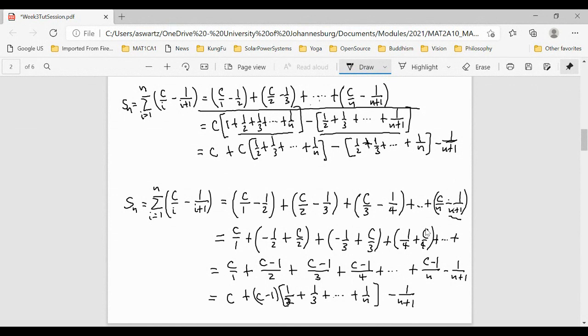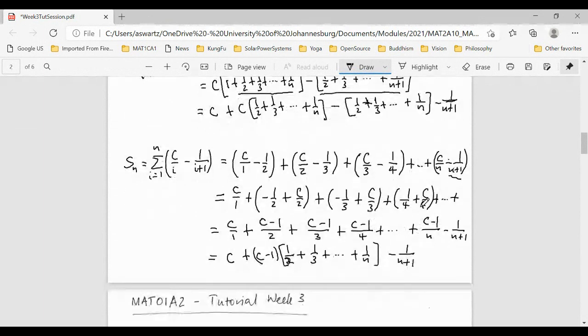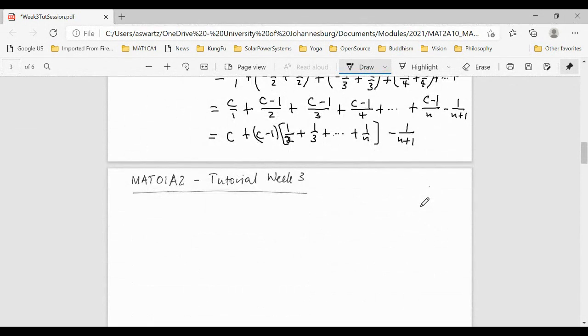Right, and now let's see if we can calculate the limit. So we've got this expression now.